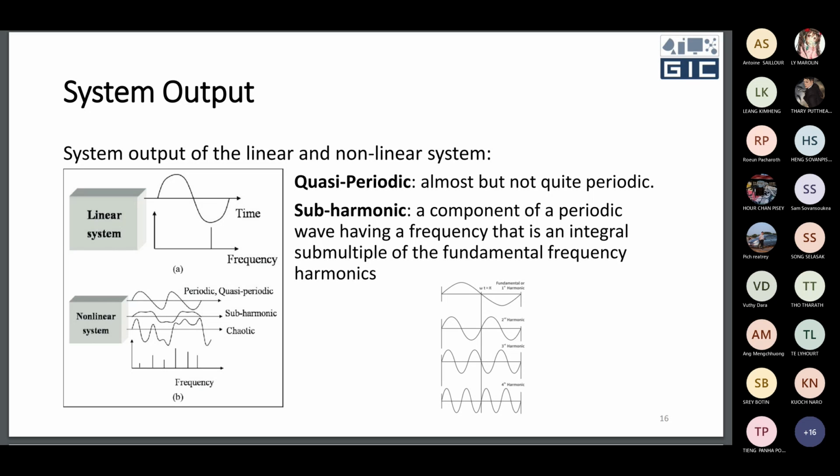For example, in the first picture, picture A is the output of a linear system. The frequency repeats the pattern periodically, and you can predict the pattern easily. So this is the output of a linear system.